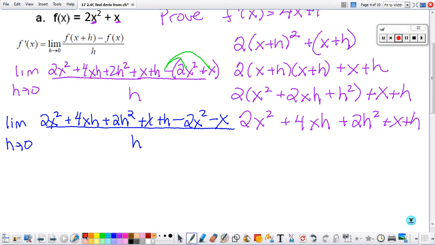Ideally, what I need to happen, not ideally, but it has to happen for this limit to be able to be evaluated, is anything that doesn't have an h has to subtract to 0. And it does. 2x squared minus 2x squared is 0, and x minus x is 0. So now the three terms I have left all have an h in them.